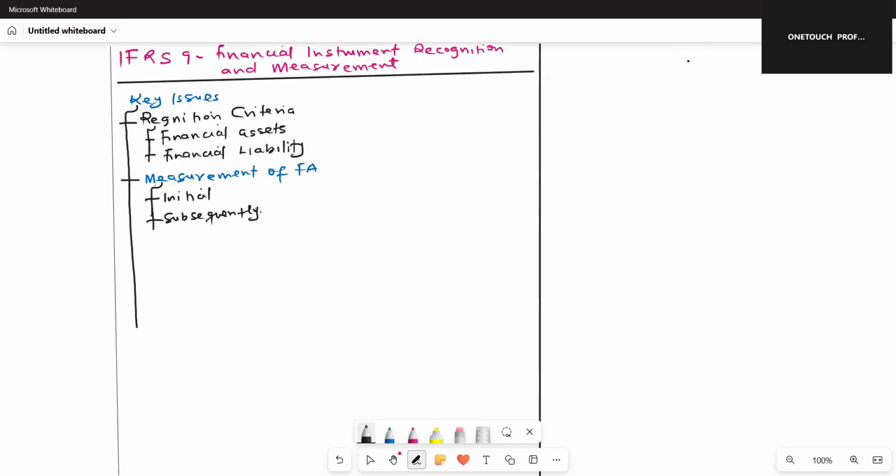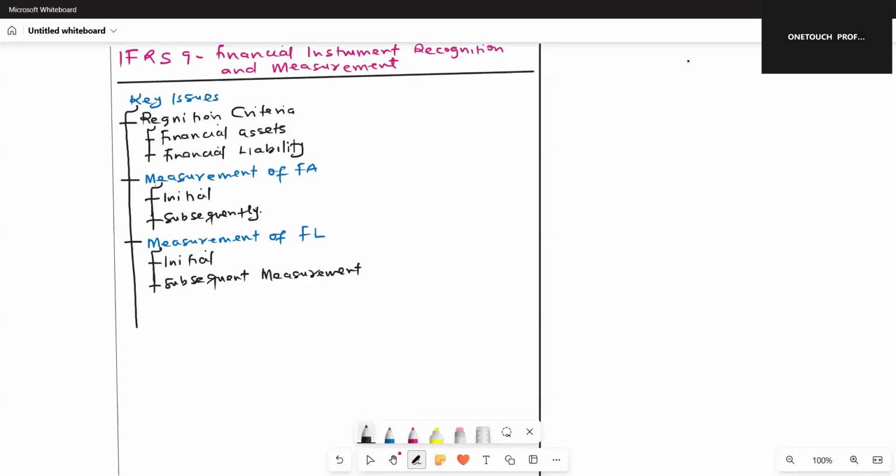So I think after this, you should be able to pick some set of questions. That is, we'll add the measurement of financial liability to it, looking at the initial and then subsequent measurement. So let's see whether we can finish this.